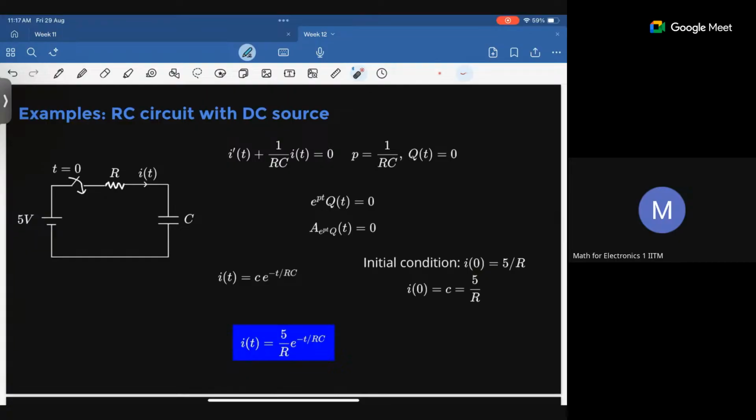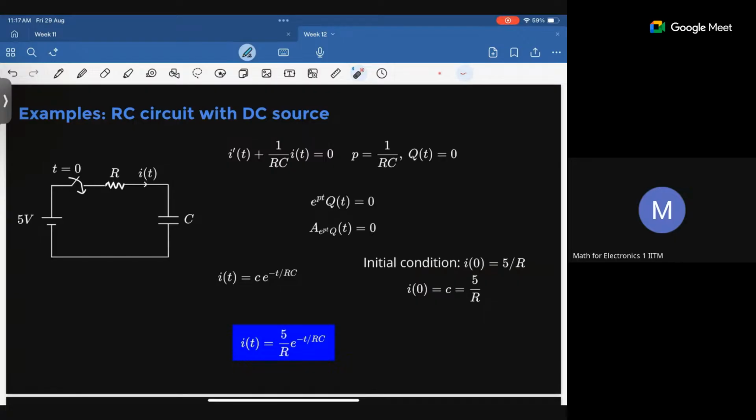Similarly, for the RC circuit with DC source, we can identify P, identify Q of t, then compute the antiderivative. Once you have the antiderivative, substitute that in the expression, and you'll get this particular thing with some constant C. The initial condition comes from here.